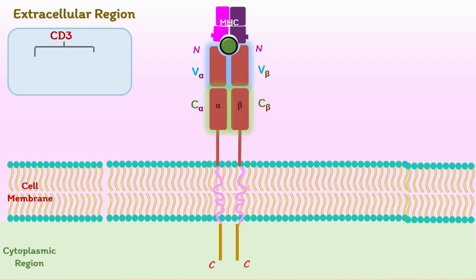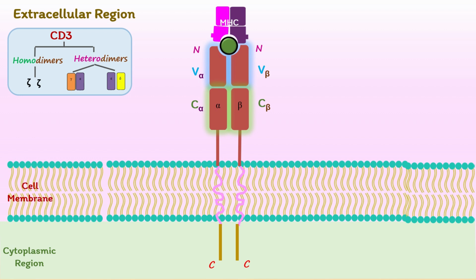CD3 has 3 dimers. One is a homodimer, which consists of zeta and zeta monomers, and the remaining 2 are heterodimers. One has delta and epsilon, while the other heterodimer has gamma and epsilon monomers. Let's understand their structure on the cell membrane of the T-cell to make it easy for us. As we have discussed, 2 are heterodimers, which means they have 2 different monomers.